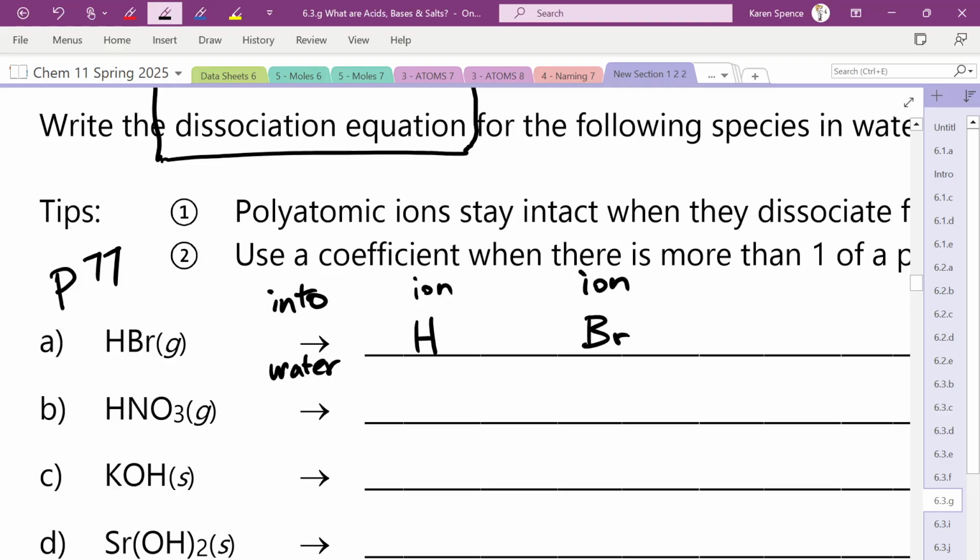What is the charge of the H ion? The H ion is +1, and the Br ion is -1. And we put a plus in between those, and both of those are going to be aqueous because it just dissolved into water.